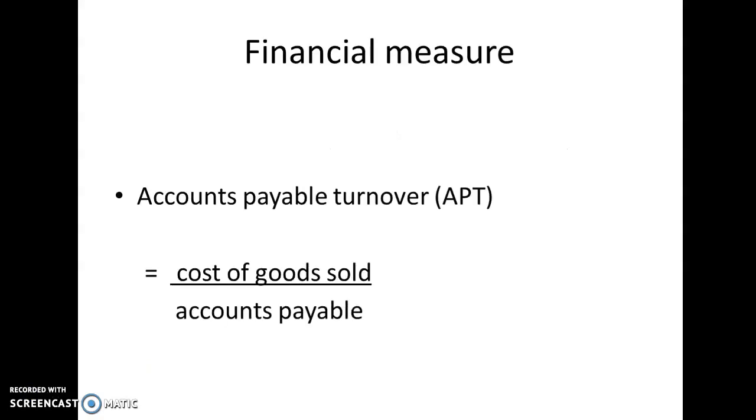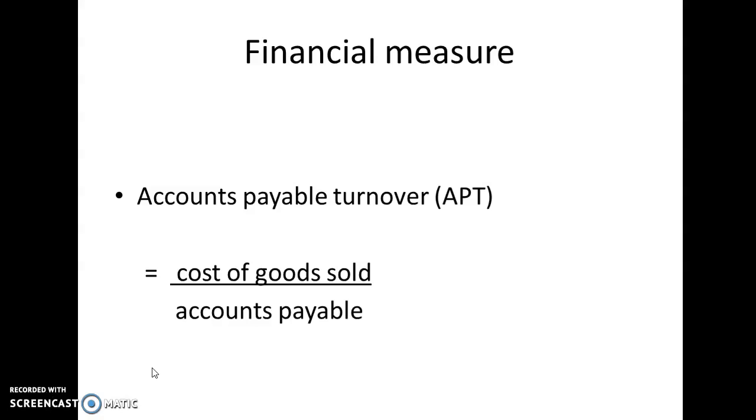Next is accounts payable turnover. Accounts payable means the amount to be paid to the suppliers for the goods and services. If the ratio is high, it means that there is very little time between the purchase of goods and services and the payment.